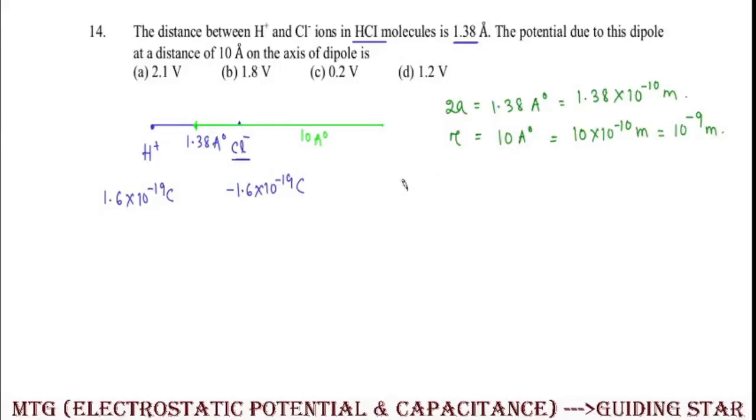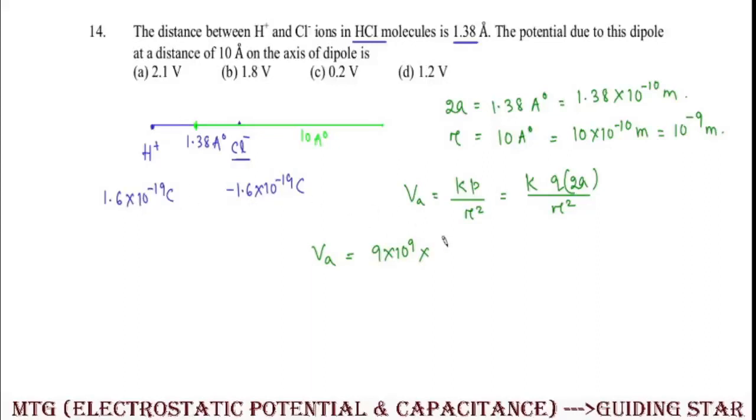We know that potential due to the dipole at the axial point is kp by r square. Here, what will be the dipole moment? Dipole moment, we know that kq into 2a all divided by r square. So potential is k, which is 9 into 10 to the power 9, times the charge.